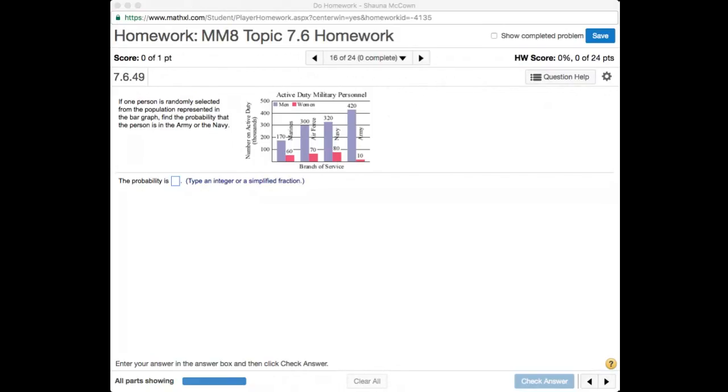Okay, so I'm going to switch over to whiteboard so you guys can see it. Okay, so what I found from that bar graph was the probability of Army is 430 over the total number of people, which was 1,430.